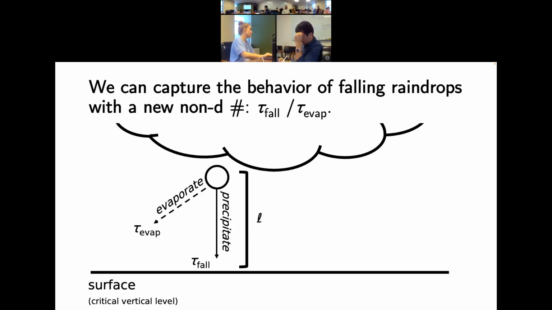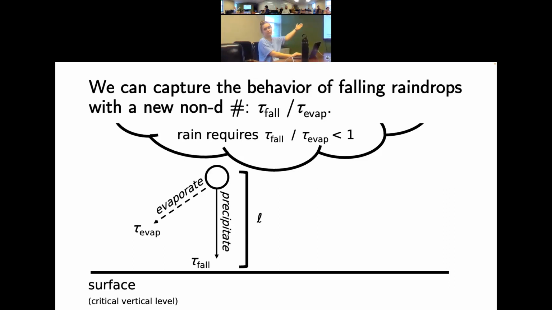That's going to be the ratio of the time to fall over some distance L to the time to evaporate, given by this tau evap. In order to get rain to our surface, or whatever distance L we're considering below the cloud, we need our falling time to be faster than our evaporation time, or we need this ratio to be less than 1.